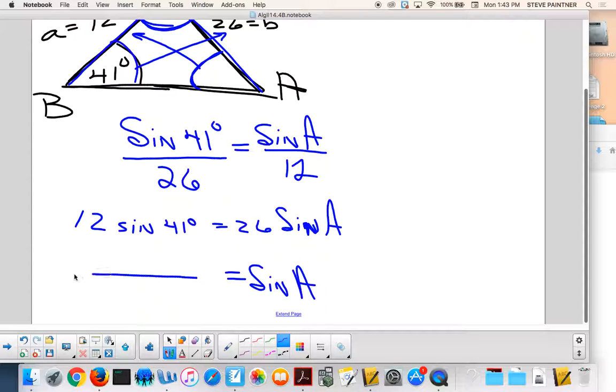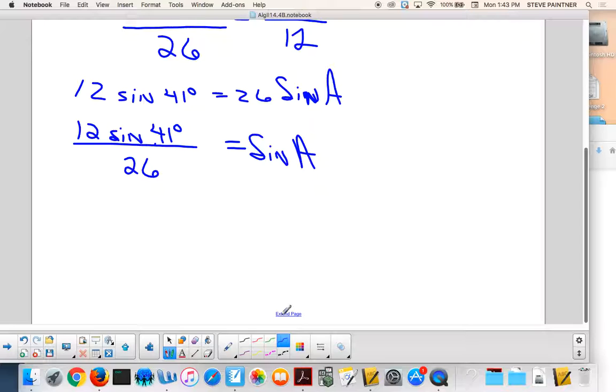Sine of A equals 12 times sine of 41. And then what do I do to get rid of the 26? Divide by 26. How do you get A all by itself?